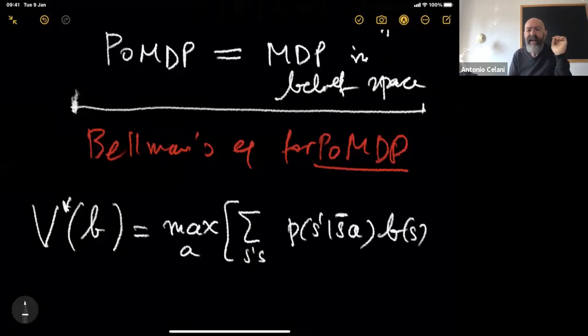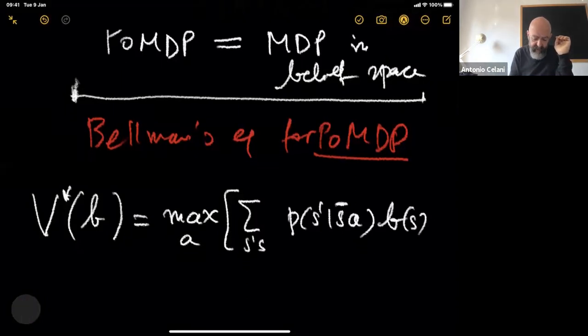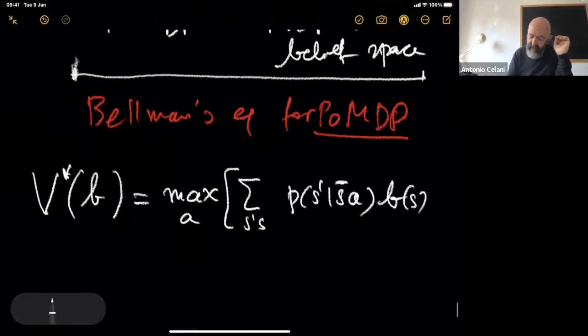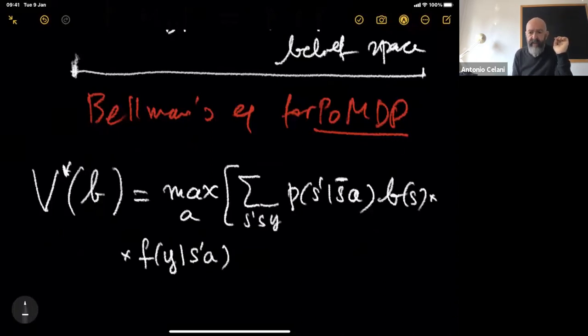So this is the averaged transition over the beliefs. And then also what matters is that you have an additional term, that there are also observations to be kept into account. So you have to average over them as well. And this is also a term which is new with respect to the previous Bellman's equation.